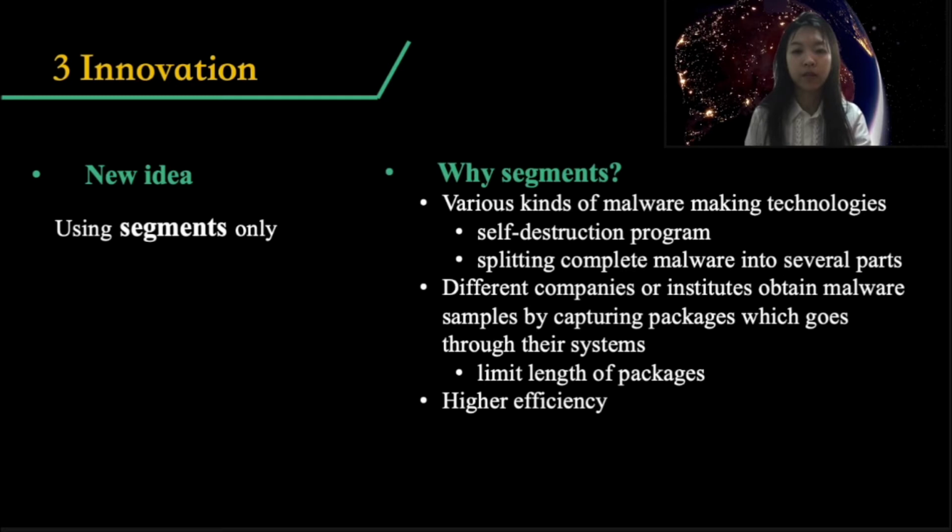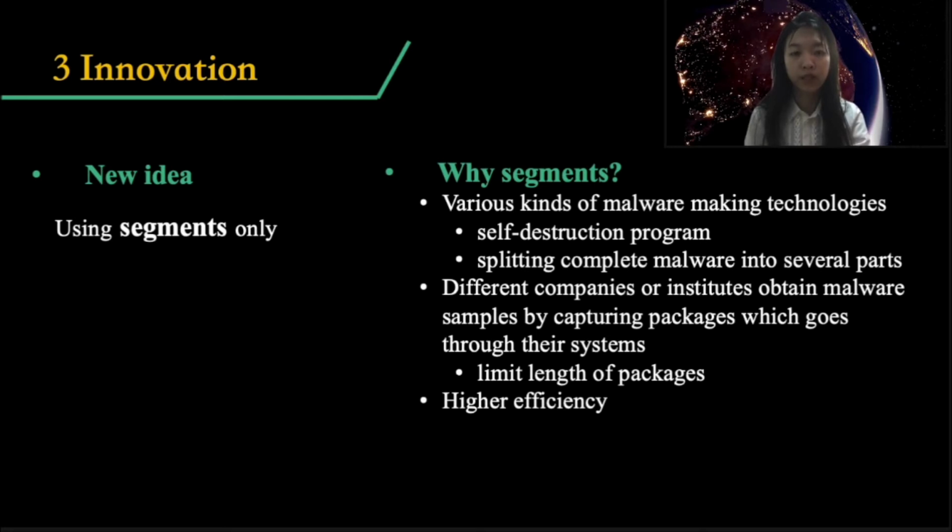malicious functions. The second reason is that different companies or institutes obtain malware samples by capturing packets which go through their systems. And because of the limitation of packet length, we usually get only a segment of the malware.